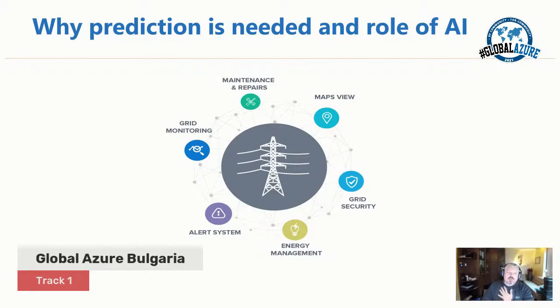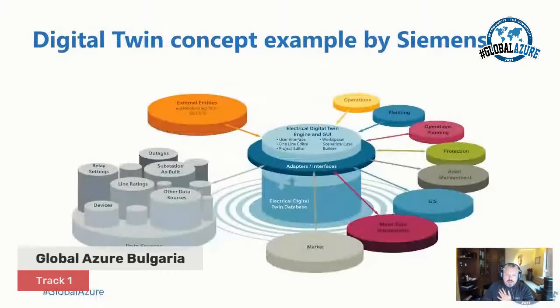To give you an idea of how complex it can be, I'll just give you an overview of what Siemens are trying to build and the multiple data sources and processes that have to be interlinked somehow to enable a real electrical digital twin. So what do we do about it, and where does Azure have to play in this whole field?